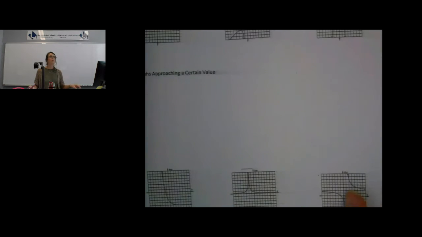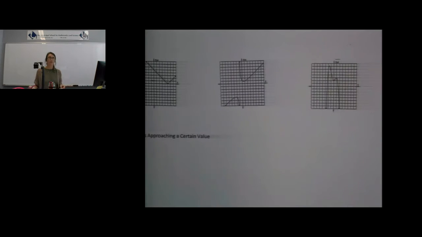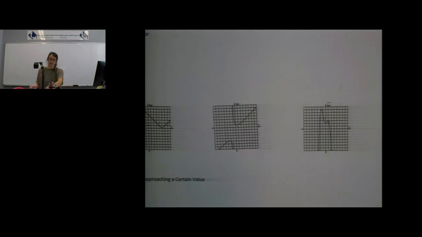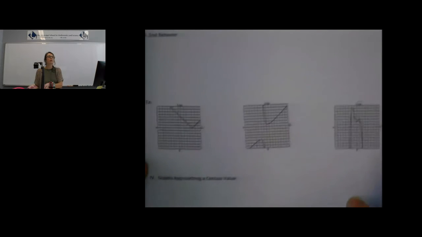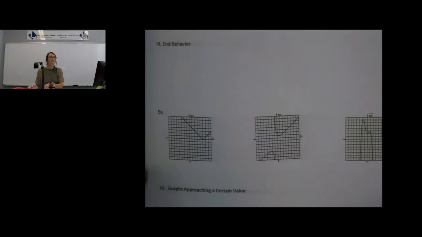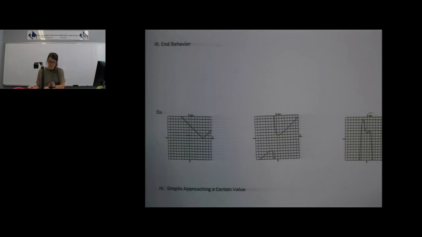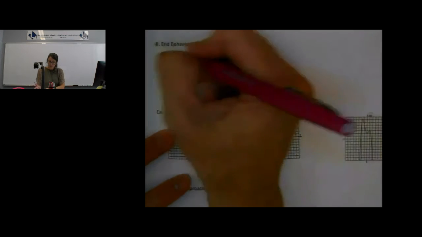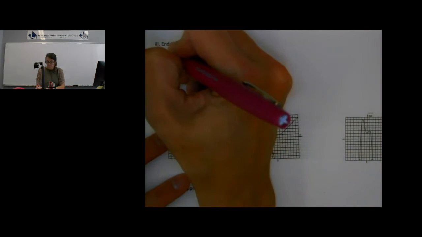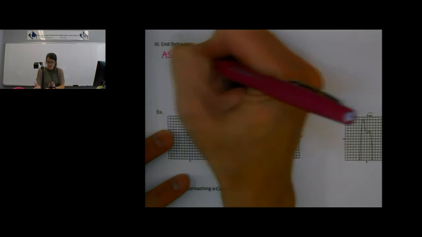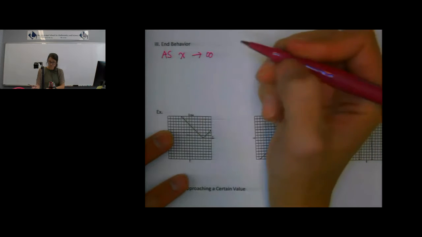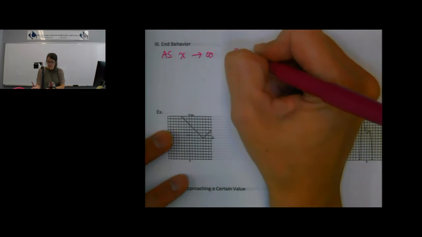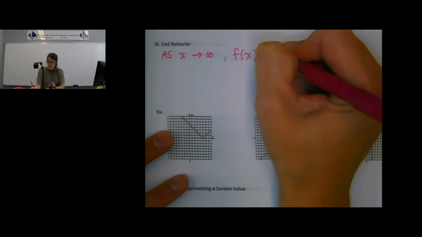Okay, and we've talked about end behavior already. We talked about that in Algebra 2. Sorry, zoomed in a little bit, so a little bit off here. Okay, so end behavior is as x moves to infinity, what does f of x approach?